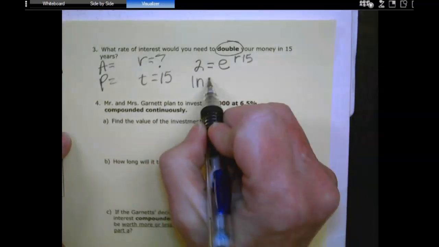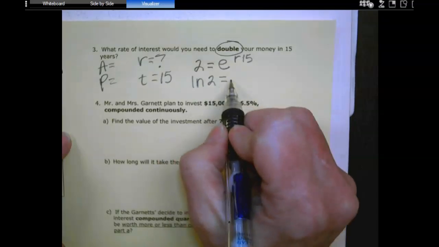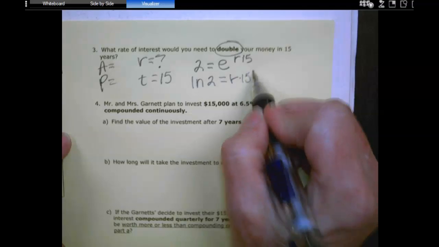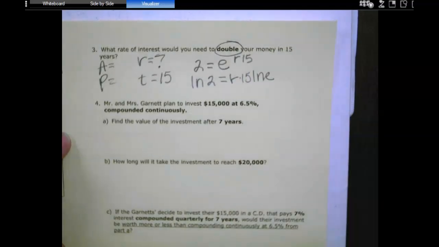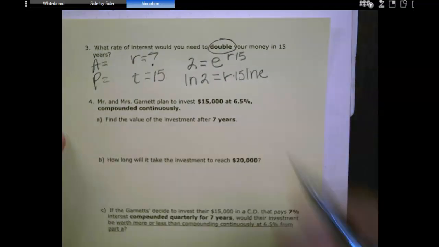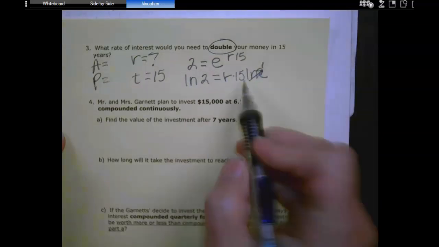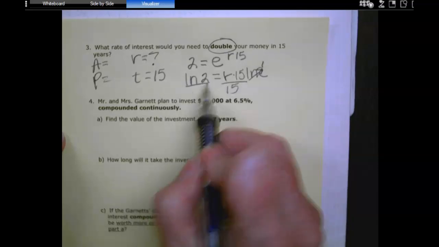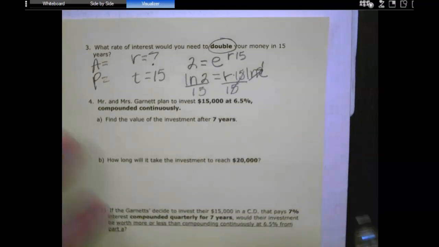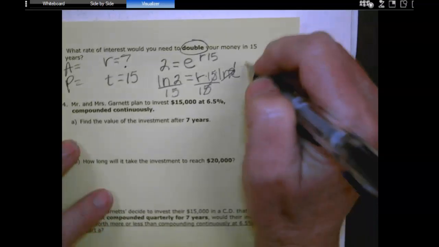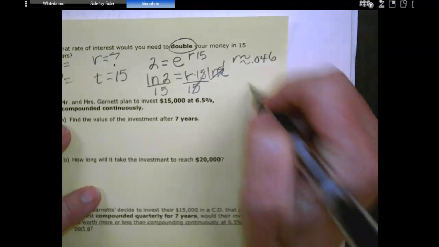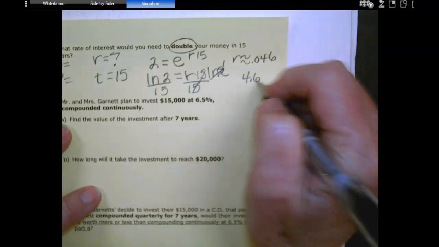So I'm going to take the natural log of 2 is going to equal r times 15 and then ln of e. And what did we say the ln of e is? 1. So how do I solve for r? Divide by 15. And I got an r of approximately 0.046, which means that's going to be 4.6%.